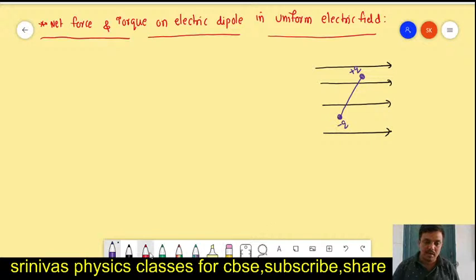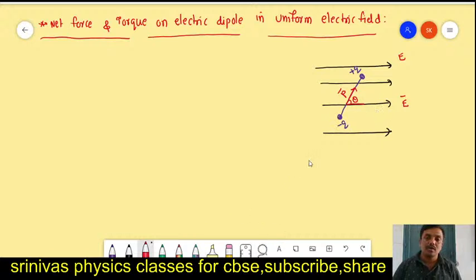The dipole moment is from minus Q to plus Q. This is the P bar direction. And the electric field is right side. This angle we can take as theta, the angle between E bar and P bar. E bar is right side, P bar is left side.